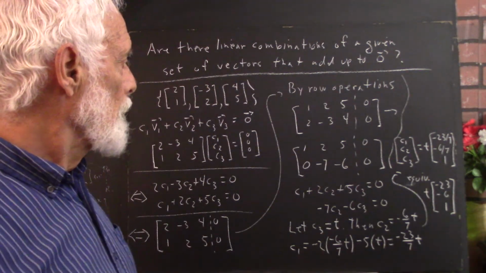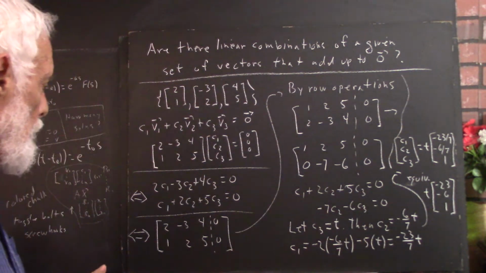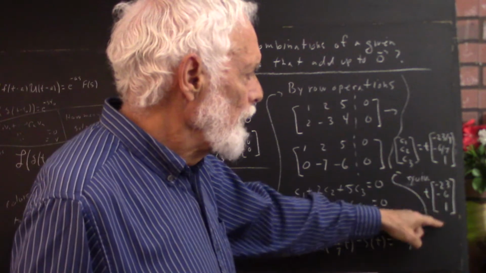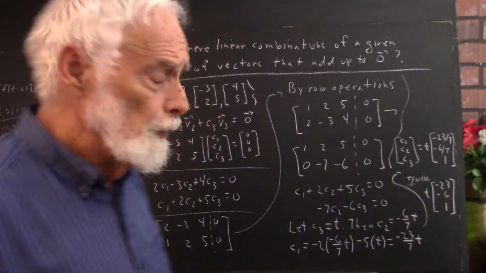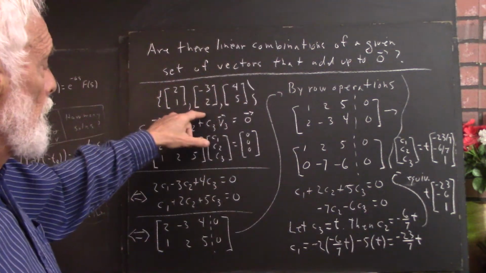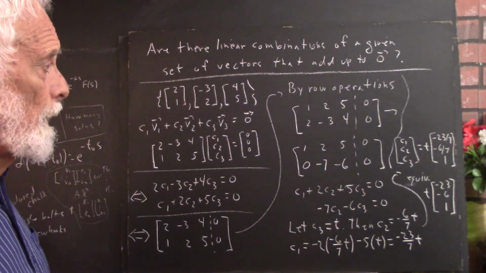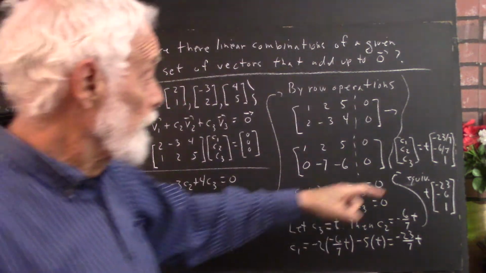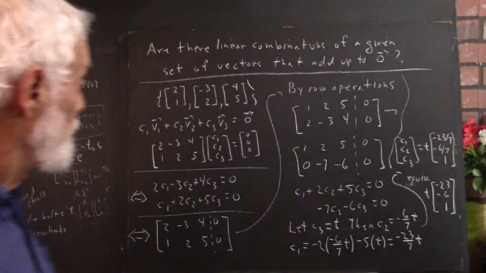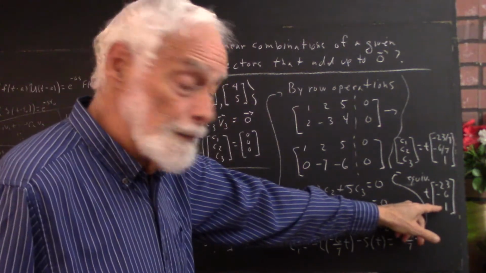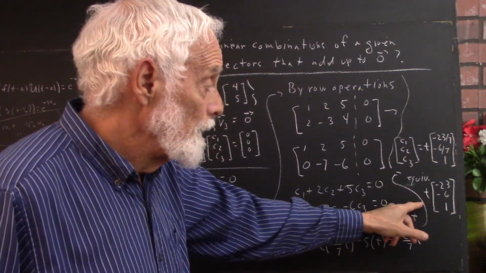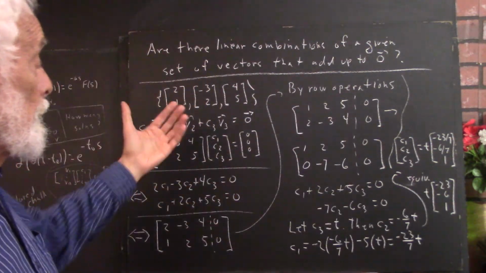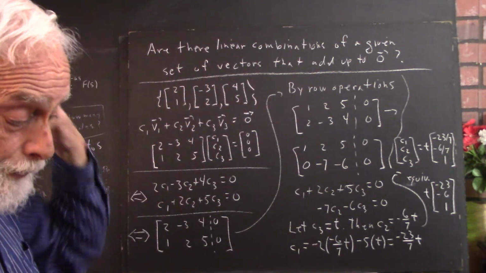Okay, so the point is now that we've determined that there is an infinite set of C1, C2, C3 that makes this 0. So there are infinitely many linear combinations because every C1, C2, C3 in this set, as long as we have some multiple of this vector, is going to give us a linear combination that's 0.